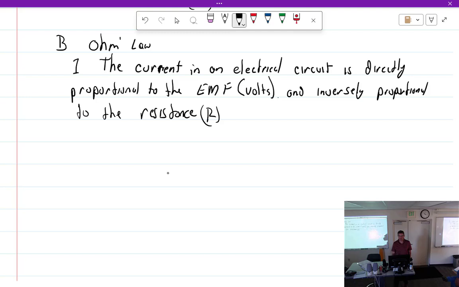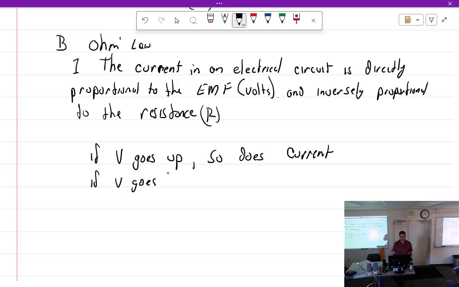Well, you can stop right there and say if voltage goes up, so does current. That's what that says. And the inverse is true. If voltage goes down, so does current. That's what that first part means.